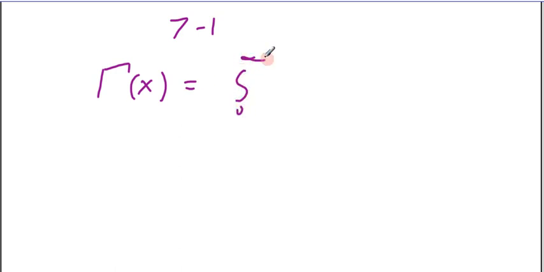By the way, on the website there's a better Laplace transform table that I use for solving problems. And when I solve a problem and I use a number, it's off that Laplace transform table. So you should print that out so that you have it. It's in section 7-1. So section 7-1 has a better Laplace transform table than is in your book. Anyway, the gamma function of x is the integral from 0 to infinity of e to the minus t, t to the x minus 1, dt.